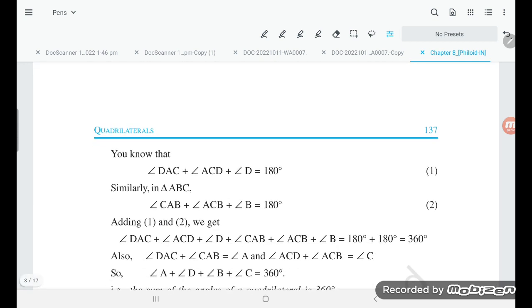Now see, angle DAC plus angle ACD plus angle D is equal to 180 degrees, angle CAB plus angle ACB plus angle B is equal to 180 degrees.